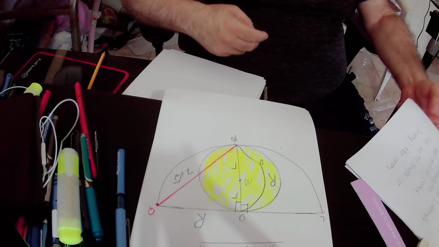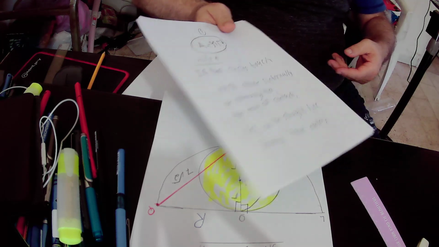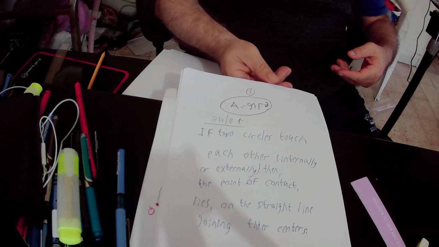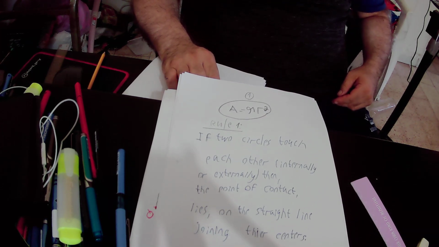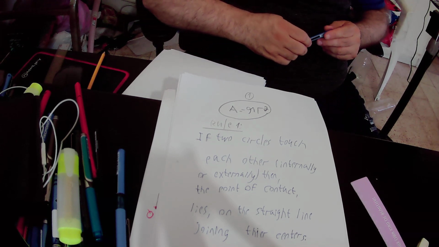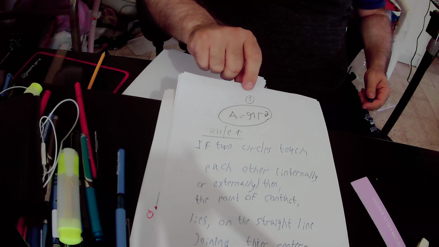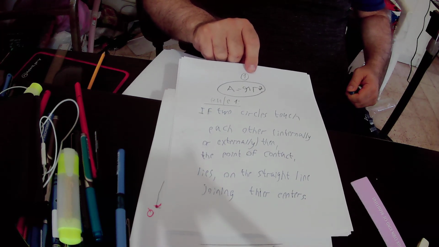Also we have rule number 1 that states that if two circles touch each other internally or externally, then the point of contact lies on the straight line joining their centers.